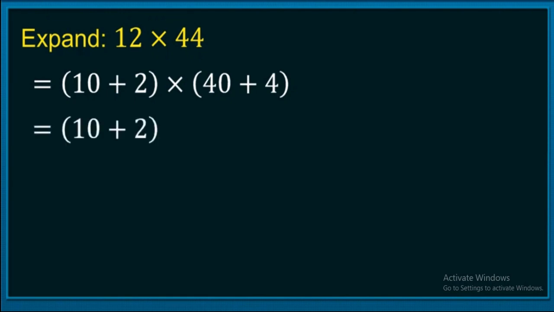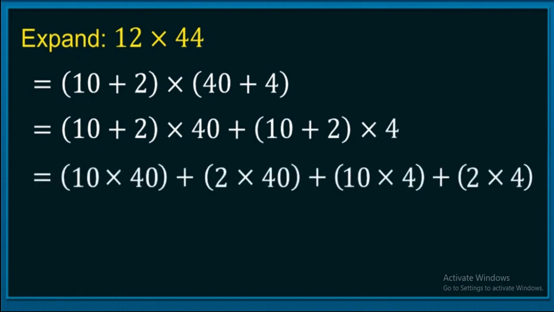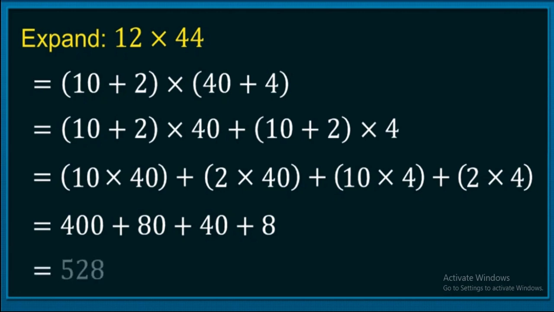Next, 10 plus 2 must be multiplied by 40 and 10 plus 2 by 4. 10 times 40 is 400. 2 times 40 is 80. 10 times 4 is 40. And 2 times 4 is 8. 400 plus 80 plus 40 plus 8 is equal to 528.